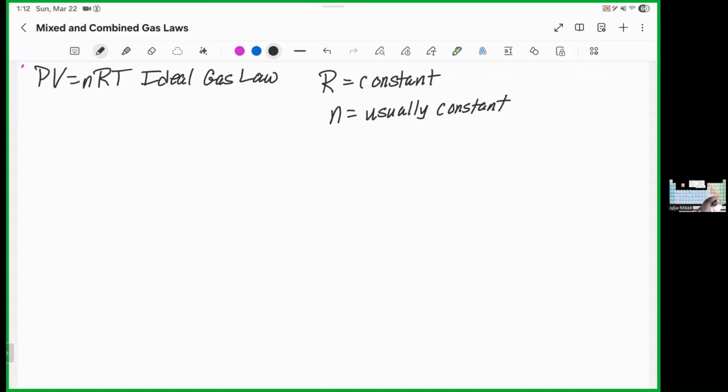So if we're looking at just pressure, volume, and temperature, if I said my pressure was 4 and my volume was 2, that's going to equal 8. So what if I double my pressure and leave my volume where it is? Well, I have to double my temperature.